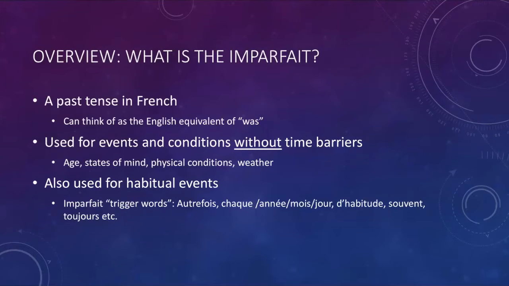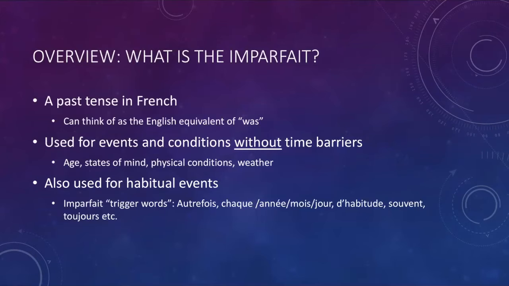Therefore, if you are creating a sentence and not specifying that the action has been completed or giving a general reference of time, you will use the imparfait. Some examples of this include age, states of mind, physical conditions, and the weather.